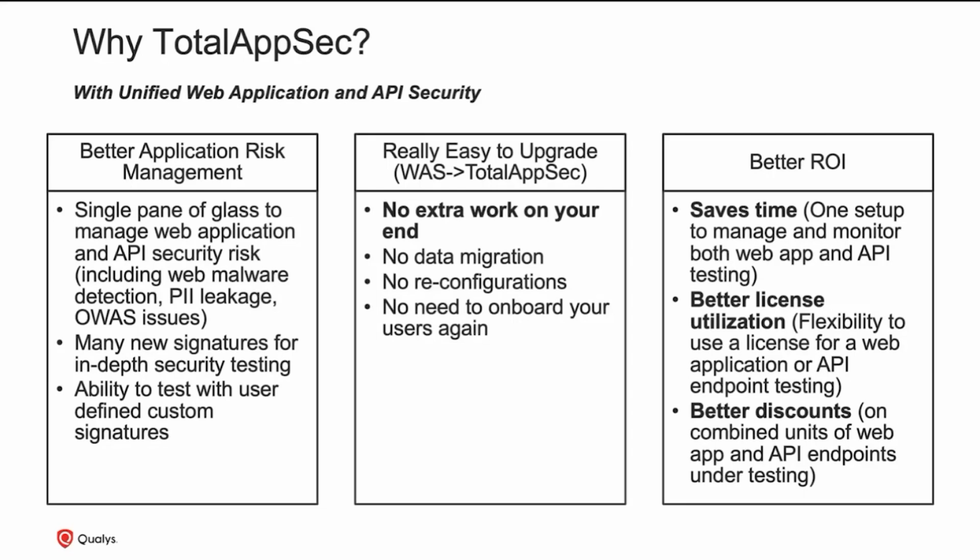So that way you have flexibility to use it for either web application or API. This should help you achieve better license utilization. And last but not the least, when you combine web applications and APIs, you end up with higher volume, and that allows you to get better discounts because of greater quantity.